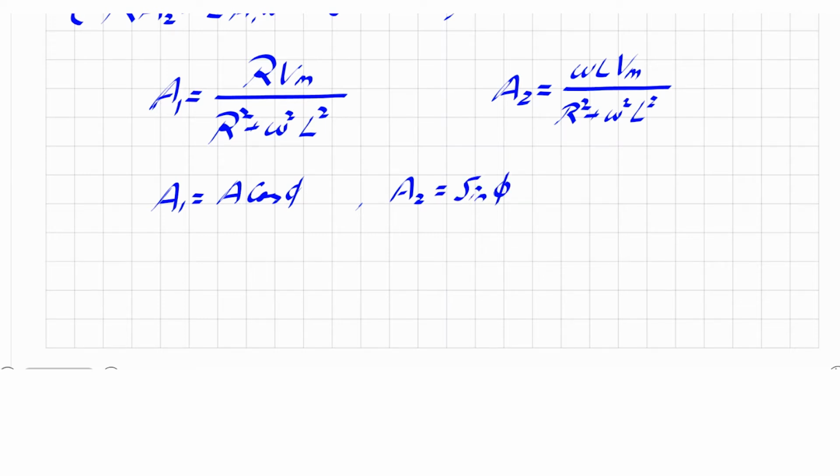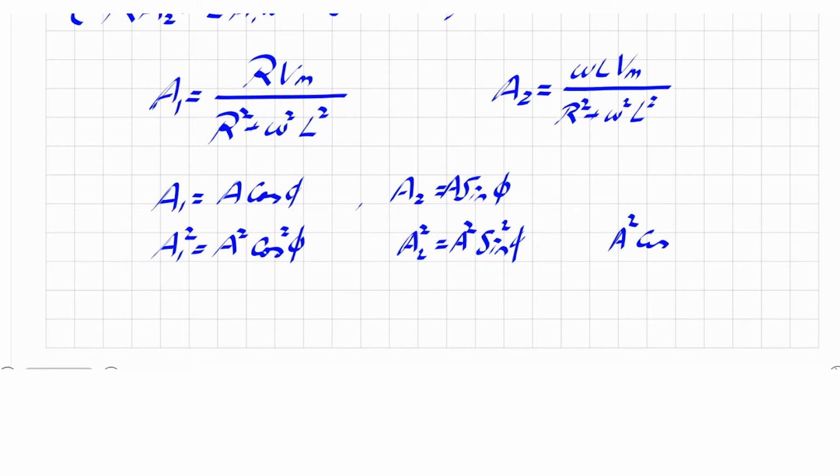you can see clearly that if I want to know A2 equals A times sine phi, and you can see if I square both ends, we square that, and we square the A2 as well. Then we sum them up. And we have A1 squared plus A2 squared. That will be A squared cosine squared phi plus A squared times sine squared phi.